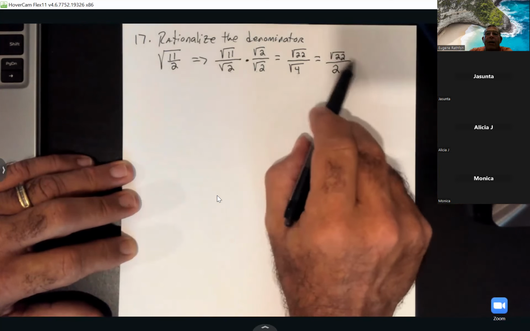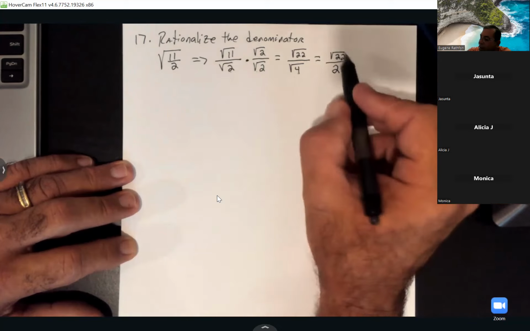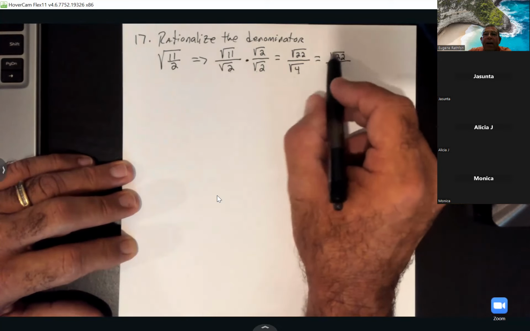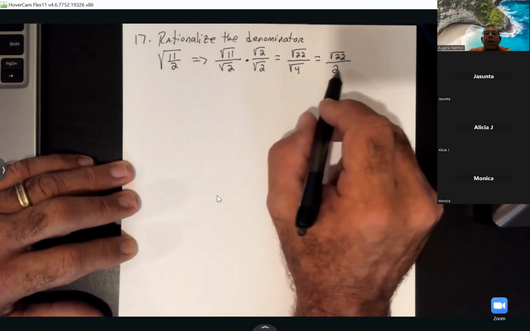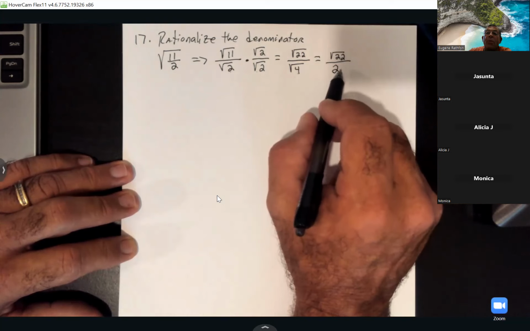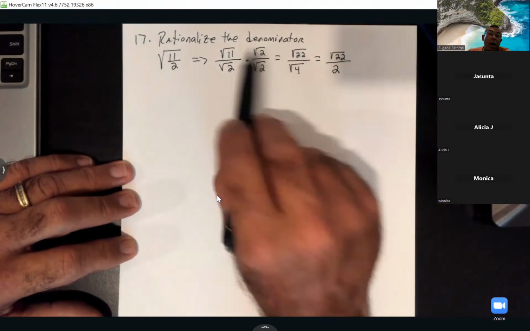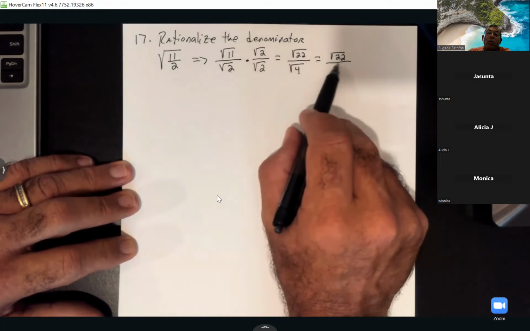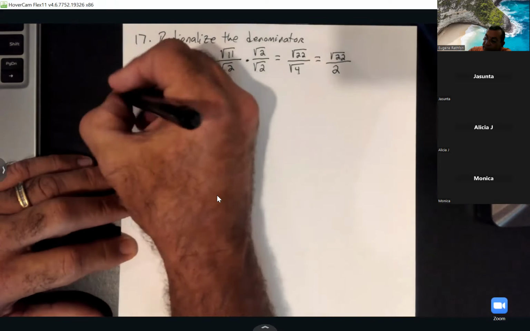Now, the thing you got to watch out for, this does not simplify any further because, see, the 22 is under a radical. You can't divide numbers under a radical by numbers that are not under a radical. So that would be our final answer. And we accomplished the goal because there is no longer a radical in the bottom of that fraction.